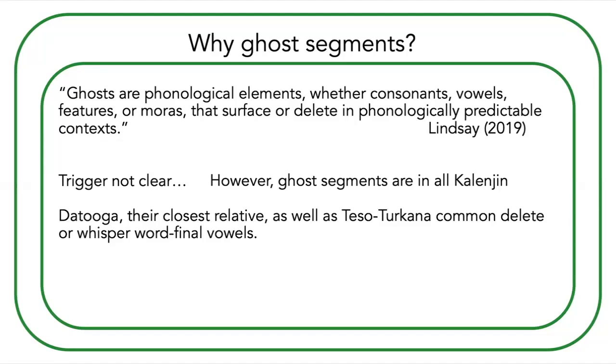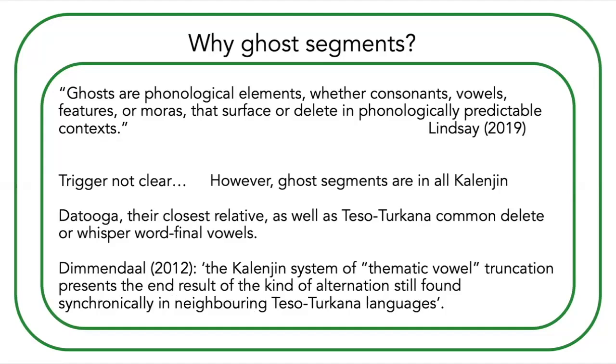And there's more evidence that this is more of a historical process. Datoga and a lot of the Teso-Turkana languages also have some sort of deletion of word final vowels, which are either deleted completely or they're whispered or murmured.